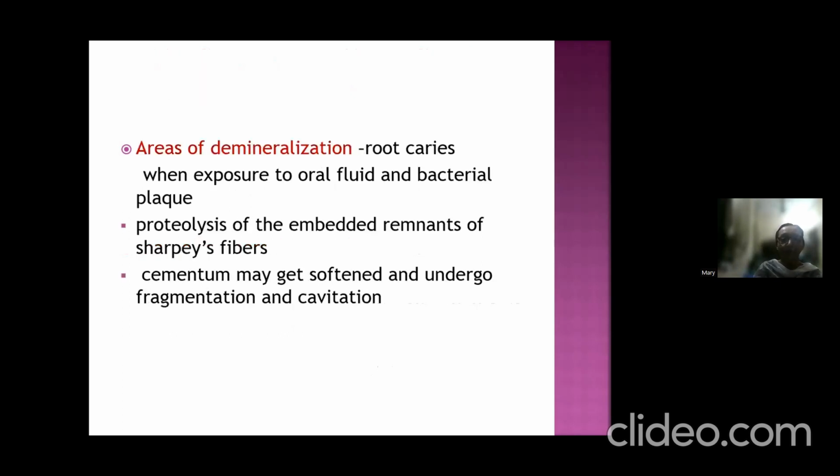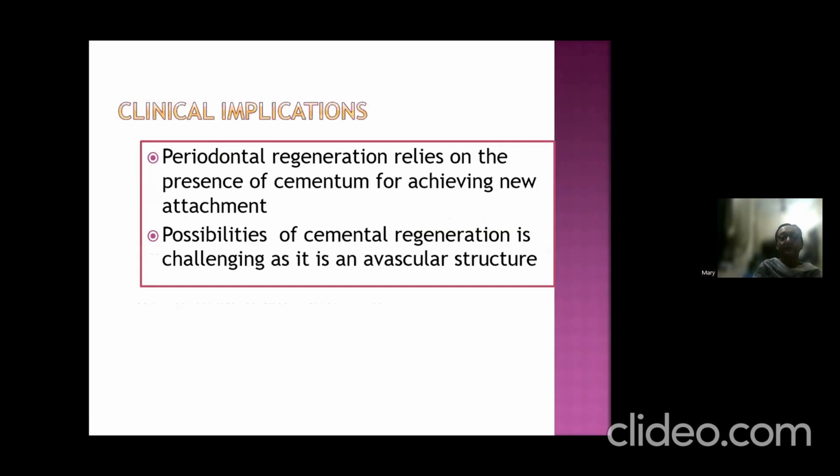When it becomes hypomineralized, or when the minerals present are lost, then the tooth becomes more susceptible to root caries, and also there occurs proteolysis of the embedded remnants of Sharpey's fibers, and the cementum will get softened and undergo fragmentation and cavitation. So it can either undergo demineralization or remineralization.